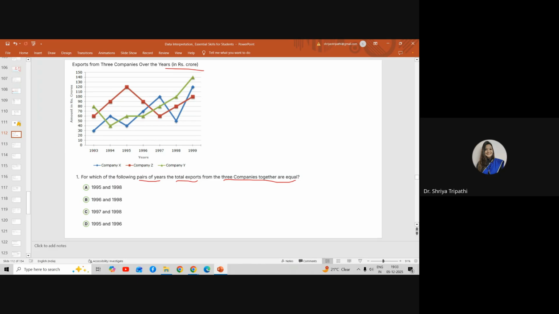Say in 1993, the options we have are 95, 98, 96, 98, 97, 98, 95, 96. So majorly calculate for this only. Don't do for these. We'll go with elimination.